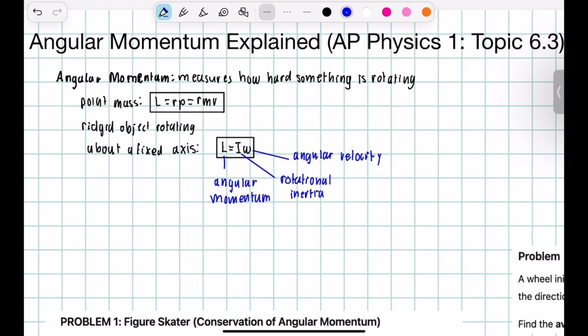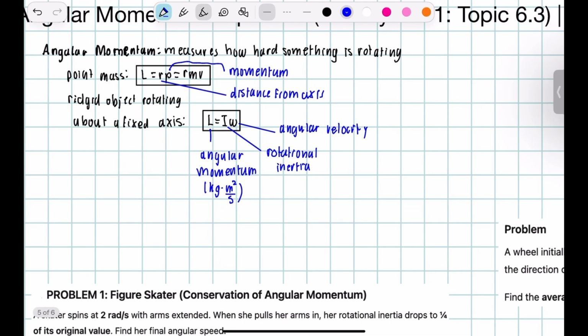And here, L is our momentum again, and this is measured in kilograms times meters squared per second. r is the distance from the axis.